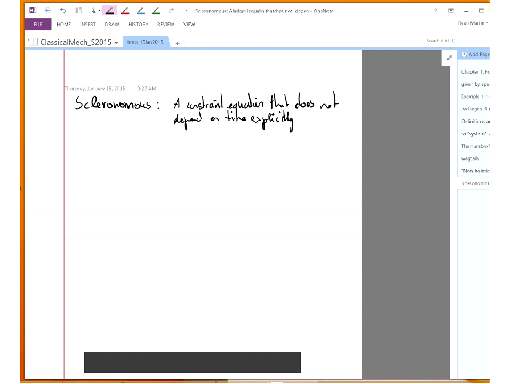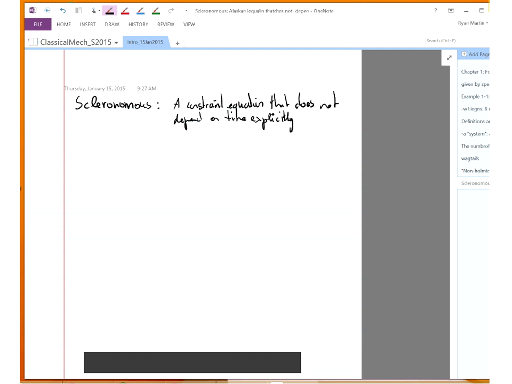So that means that if you take the partial derivative of the equation with respect to t, you get 0. In other words, t isn't written into the equation. The equation has functions that depend on time, but it doesn't have time itself in it. And you can always check that by taking the partial derivative with respect to t.